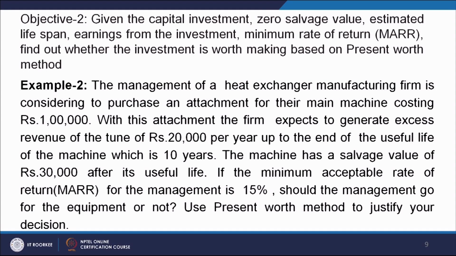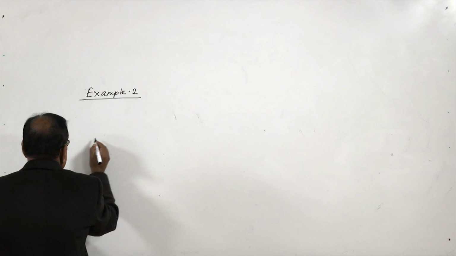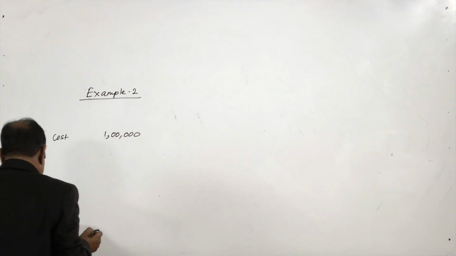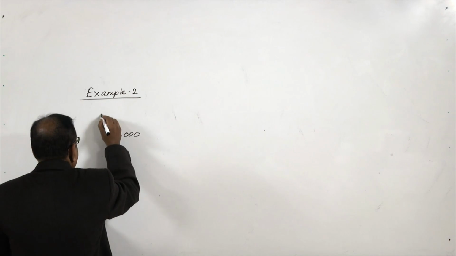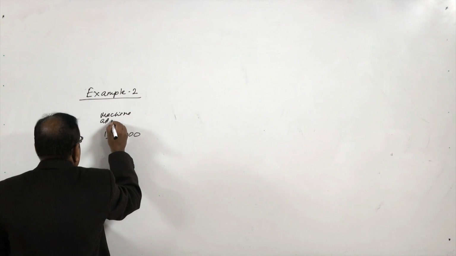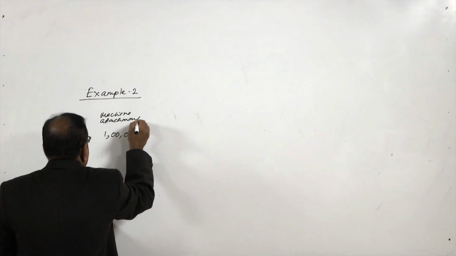Now, the question is, example 2: the management of a heat exchanger manufacturing firm is considering purchasing an attachment for their main machine costing 1 lakh. So, the cost is 1 lakh, this is the machine attachment.